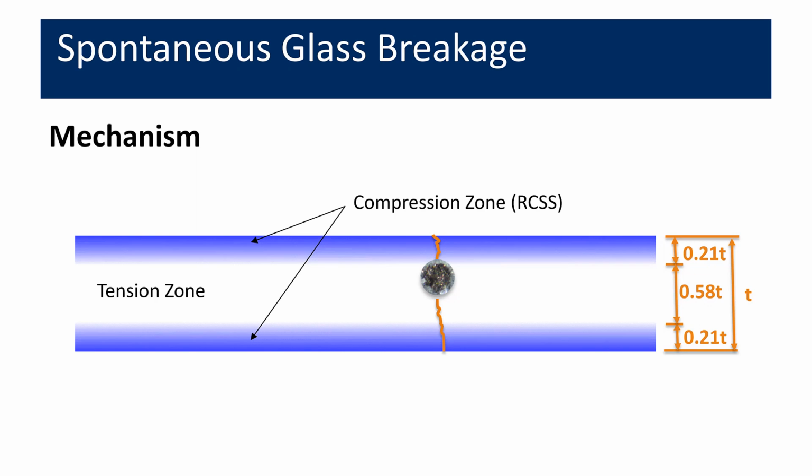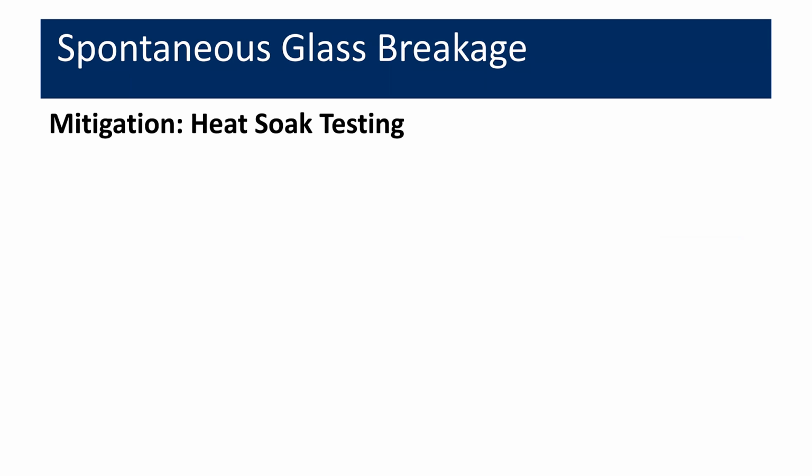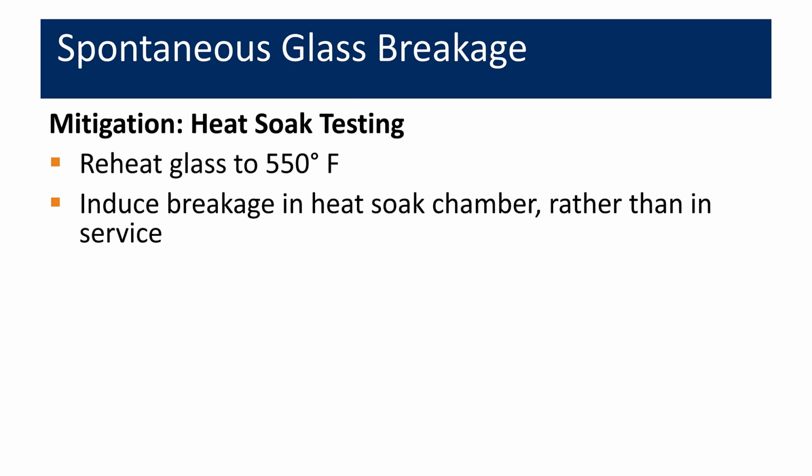Now, you might wonder what mitigation techniques there are to avoid this phenomenon. There's one in the fabrication process specifically, and it's called heat soak testing. It's largely defined by a European standard that practically everybody uses worldwide.